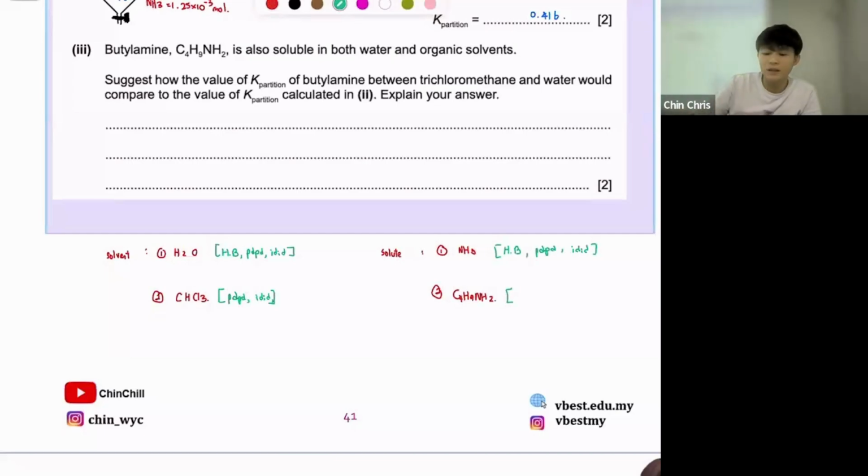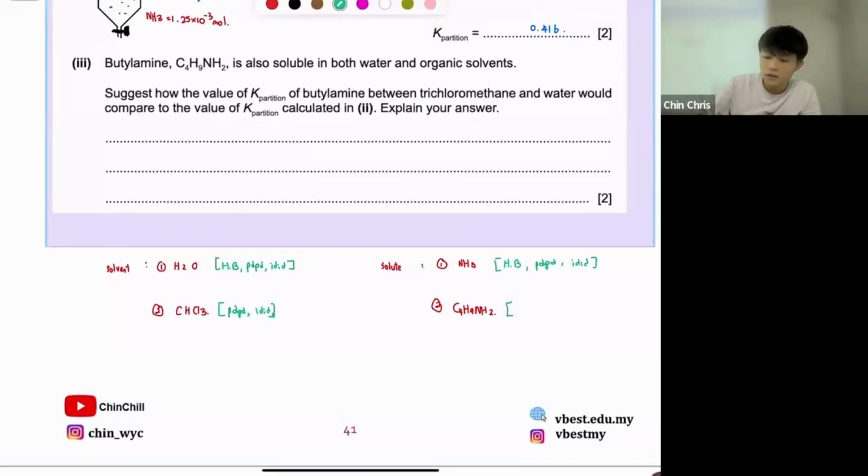Can you tell me which forces is more dominant now? You have a C4H9 linked to NH2. Do you see that this entire thing is non-polar? Which means you have ID being quite significant. You have hydrogen bonding. We don't deny the presence of hydrogen bonding, but the more significant IMF is ID.